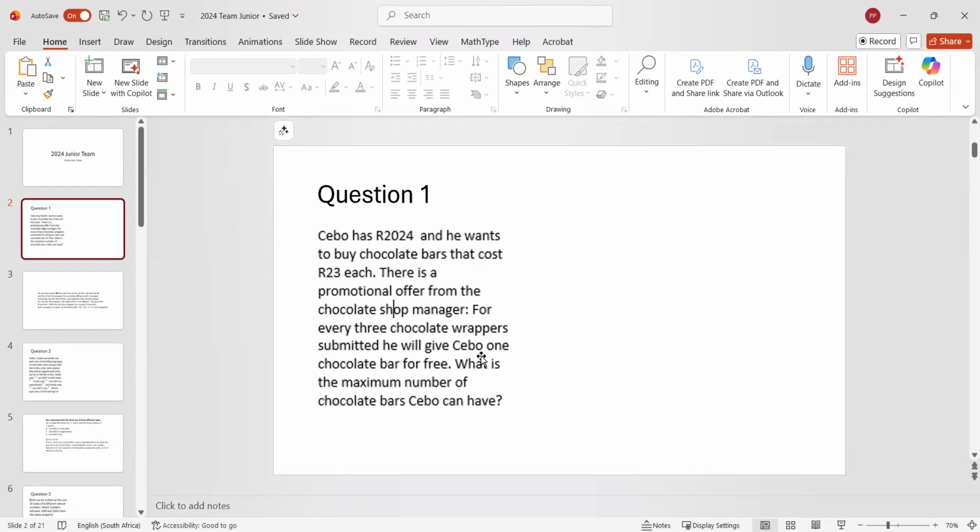Let's see how many chocolate bars he can buy. So you have to divide 2024 by 23.